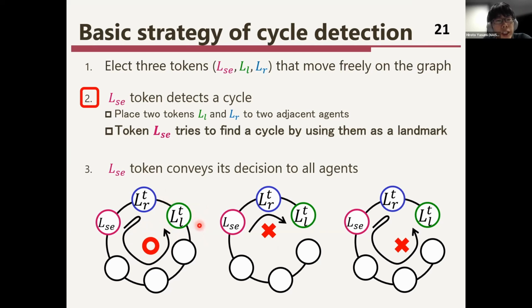If agents can do such behavior, clearly there is a cycle, and LSE token can recognize that there is a cycle. On the other hand, if there is no cycle, LSE token just passes through the landmark or cannot find the LTL token. In these cases, LSE token continues to think that there is no cycle.